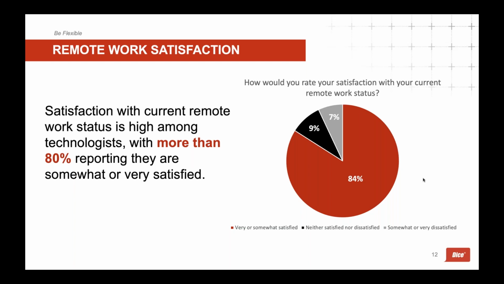That resulted in an interesting finding, which was a big discrepancy between technologists' desired number of remote days and the number of days they actually expect to be allowed to work remotely. Keep in mind that this insight ties back to one of technologists' top career concerns, which is having remote work privileges revoked.